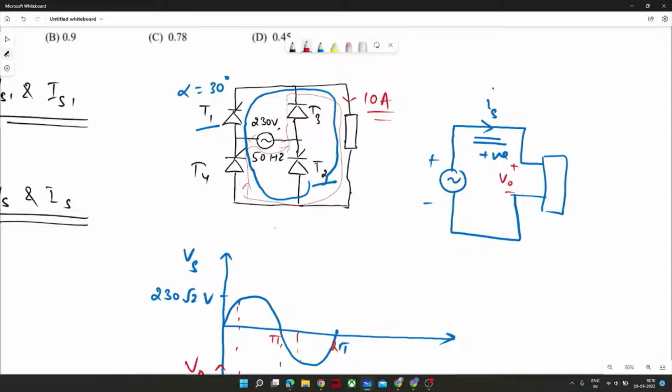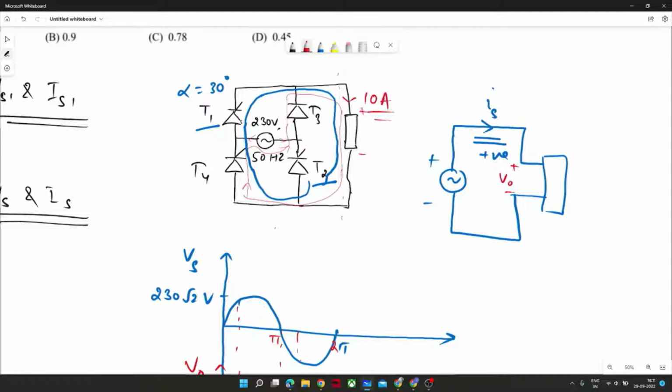See, when T1 and T2 were conducting, the current direction from this load side will be from A to B. Let me denote from plus to minus, right? And this would be the same, irrespective of supply current getting reversed or not.